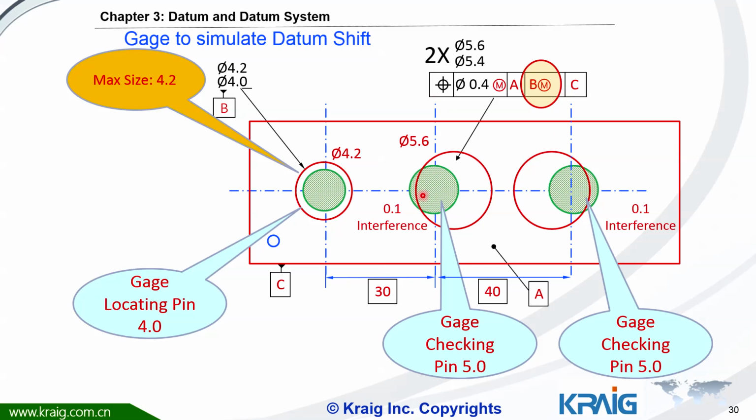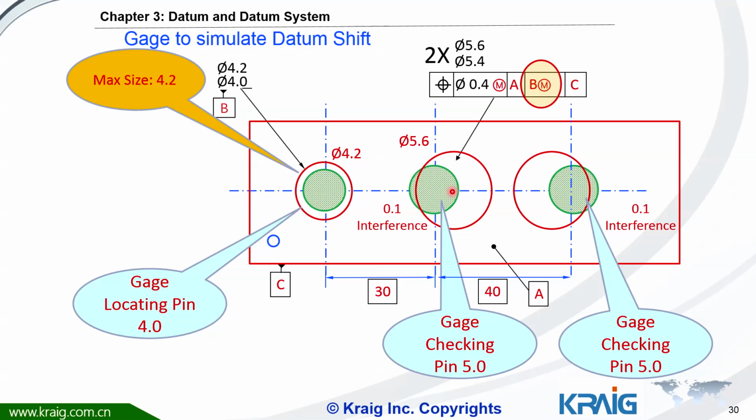If there's interference, you can move this part a little bit if the hole size becomes bigger, right? So once you move it, as long as the checking pin can be pushed inside, that means the position tolerance is okay.